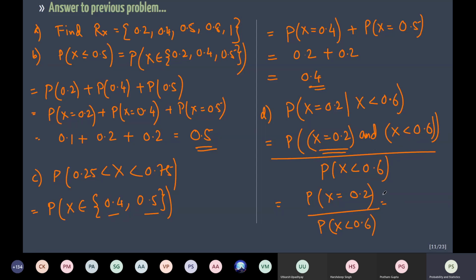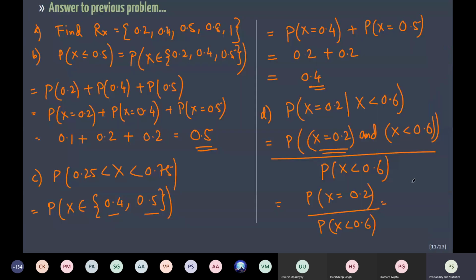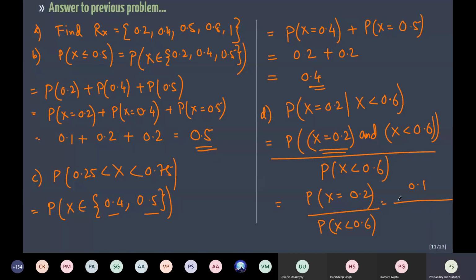The probability that x is equal to 0.2 is 0.1, divided by the probability that x is less than 0.6, which is these three values added: 0.1 plus 0.2 plus 0.2 is 0.5. So the answer turns out to be 0.2.